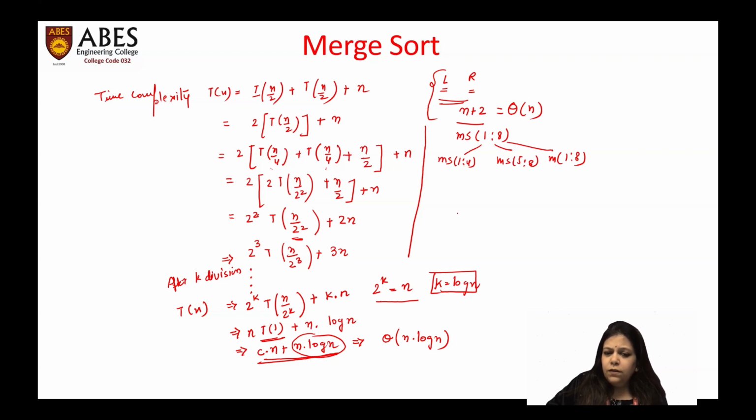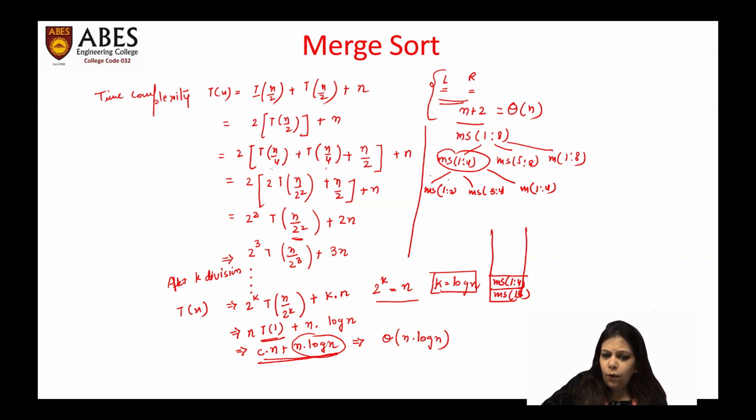If we make an activation record for these calls, the first call is merge sort for 1 to 8. Then merge sort 1 to 4 will be stored. For this call, first it will calculate merge sort 1 to 2, then merge sort 3 to 4, and then it will merge the elements from 1 to 4.